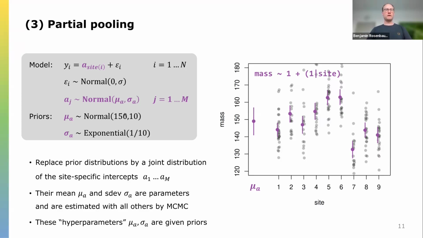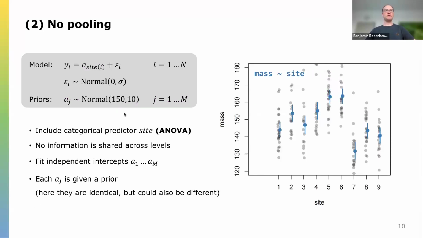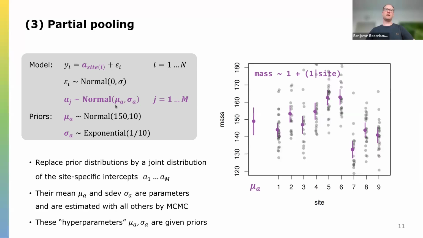So the only thing we did is replace the fixed prior distributions with something where the parameters of this prior distribution are also estimated. We sometimes call them hyperparameters. And these 2 parameters have a meaning.